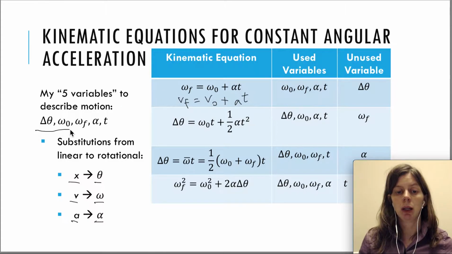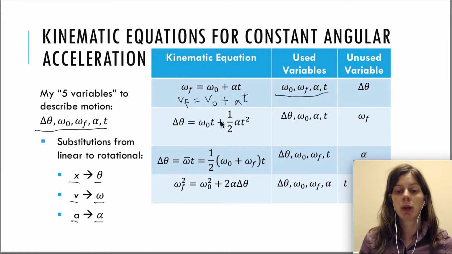I rewrote the 5 variables here: theta, omega initial, omega final, alpha, and t. These are my 5 variables that I like to use to describe motion. So if we know or are looking for omega initial, omega final, alpha, and t, if we care about 3 of these and are looking for the 4th one, then this is the equation to use because it has all 4 of those variables.